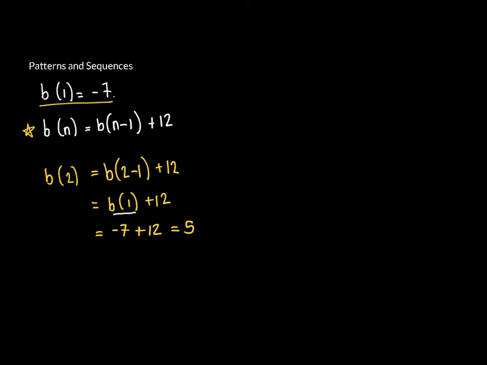And now we're going to use B2's answer to get B3. Let's see what that's going to look like. So I'm going to carry on the right-hand side. We're going to get B3 is equal to B, open brackets, 3 minus 1, plus 12.